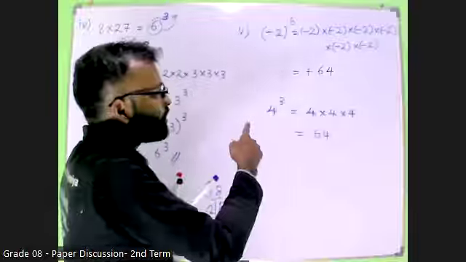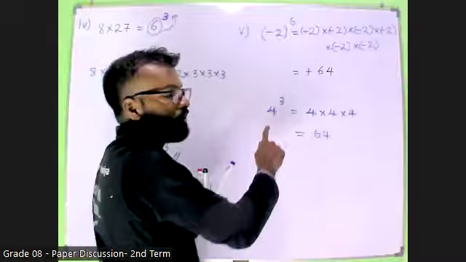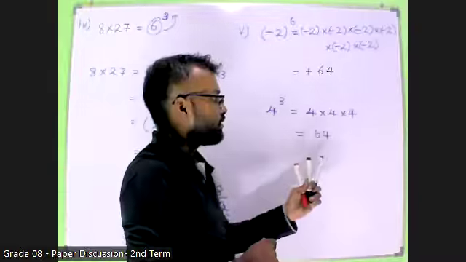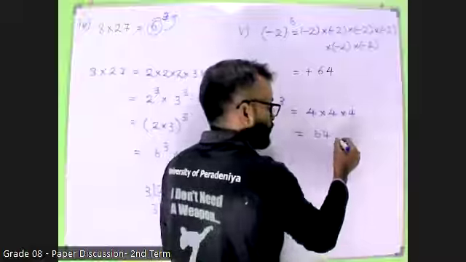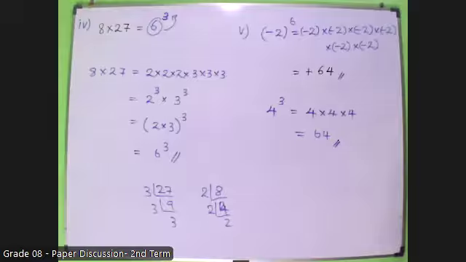So finally you can say minus 2 to the power 6 and 4 to the power 3 are equal. Right? This is the way that we are going to show.